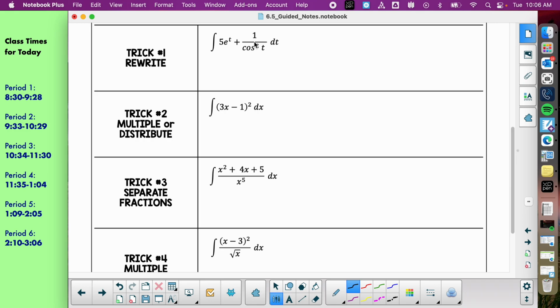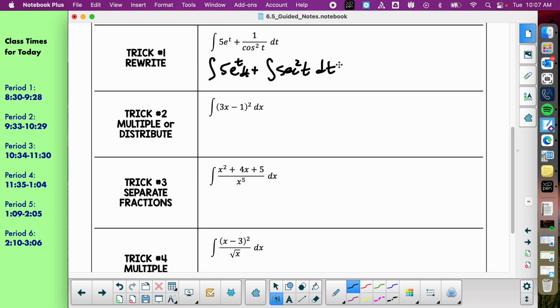Secant squared, which is convenient, it's on that sheet. So everything trig-wise should be easily changed to what's on your sheet for right now. So this one you would have to change versions to be able to integrate each part separately. So this is what you would end up integrating. You would do 2 separate integrals.